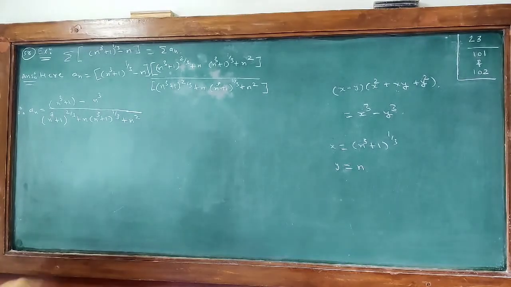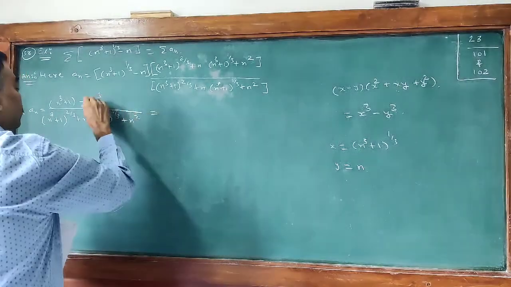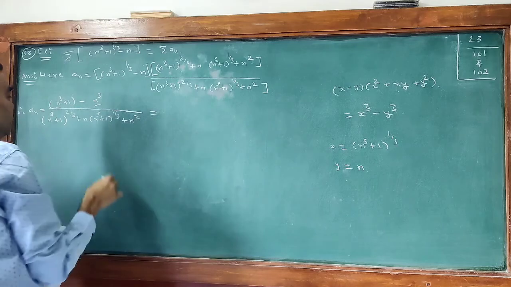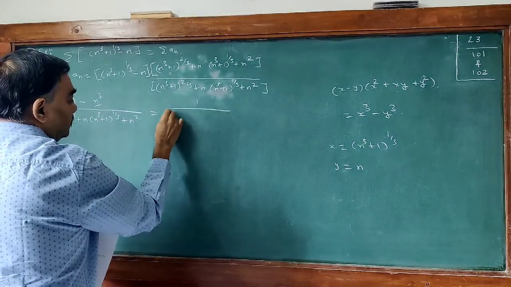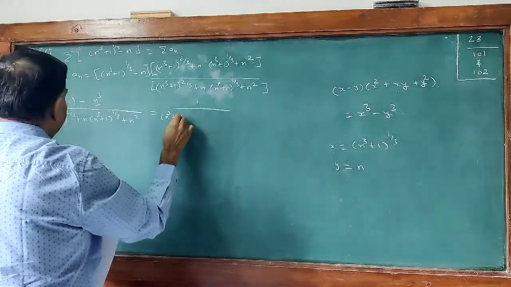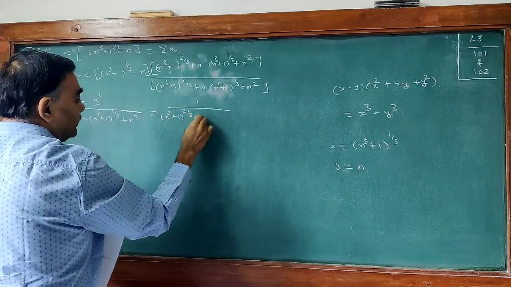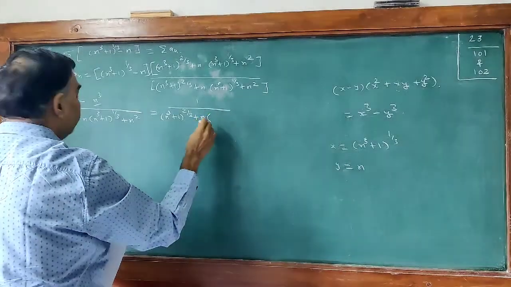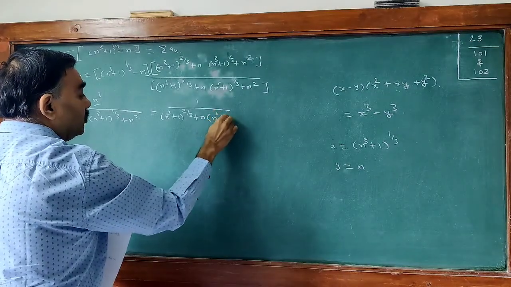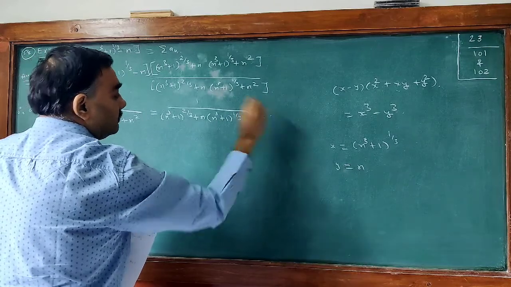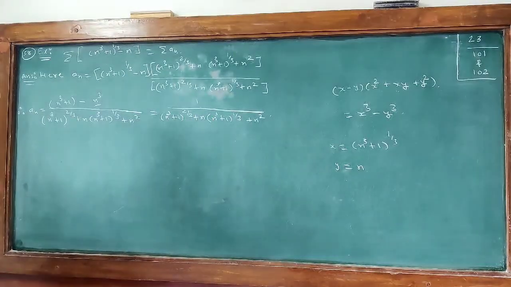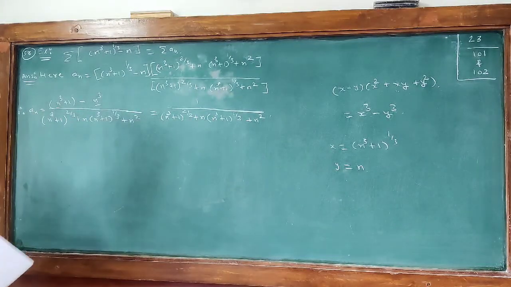Therefore n cube will be cancelled, so it is 1 upon n cube plus 1 to the power 2 by 3 plus n times n cube plus 1 to the power 1 by 3 plus n square. So this is an.